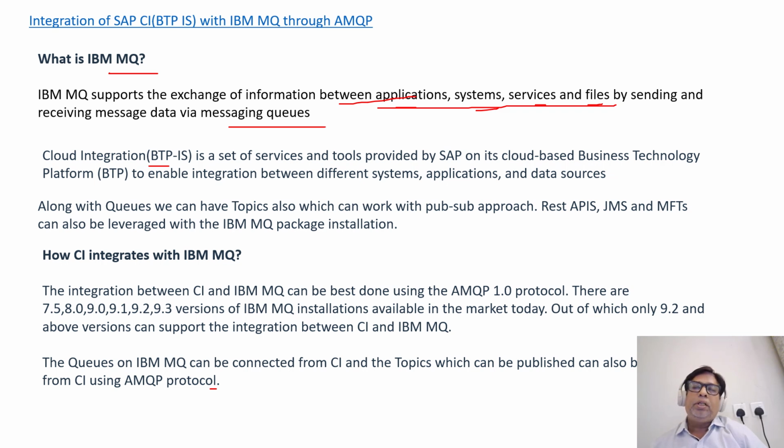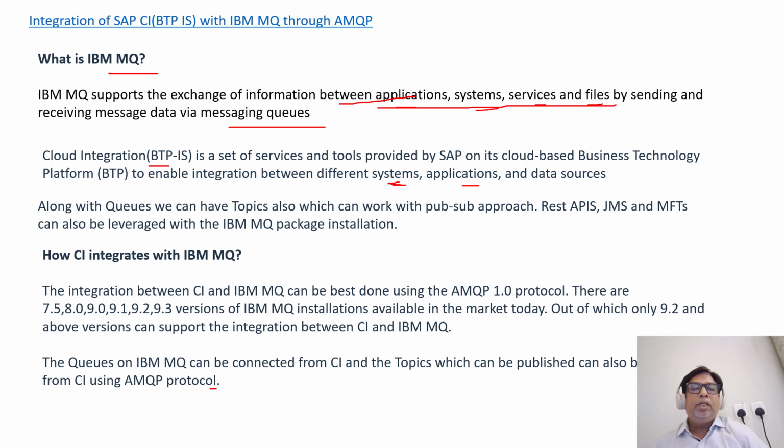So we have S4HANA as a data source in the cloud BTP's Integration Suite, and also we have different applications like Concur and SAP FICO, and also different systems like IBM, which will be integrated like a cloud platform. In future, on-premise editions may also be made available by SAP.